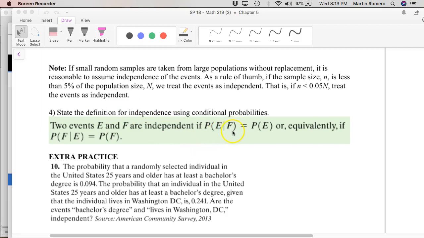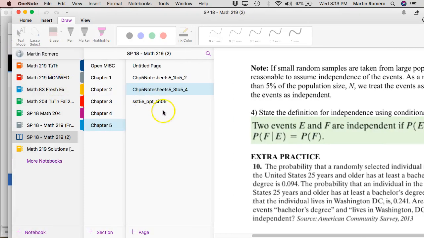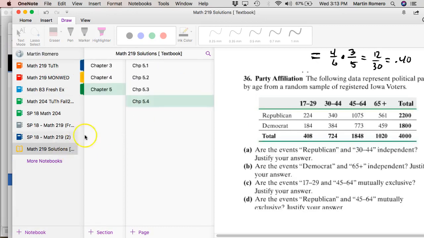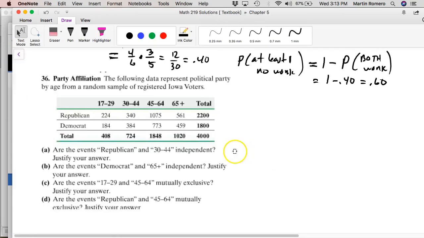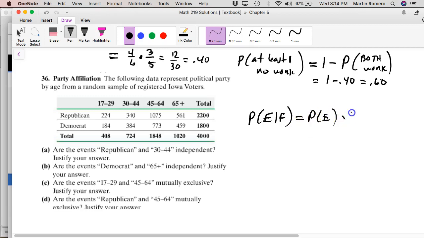F occurring does not affect that probability at all. And so that's what we're looking for on our problems here. And so the formula we need is: if this is true, then this means independent.